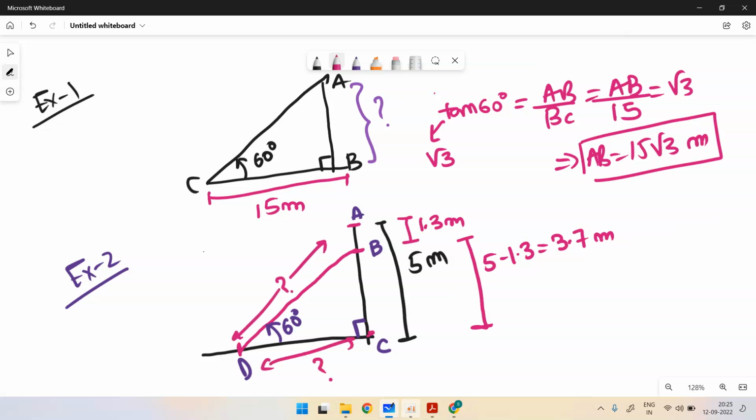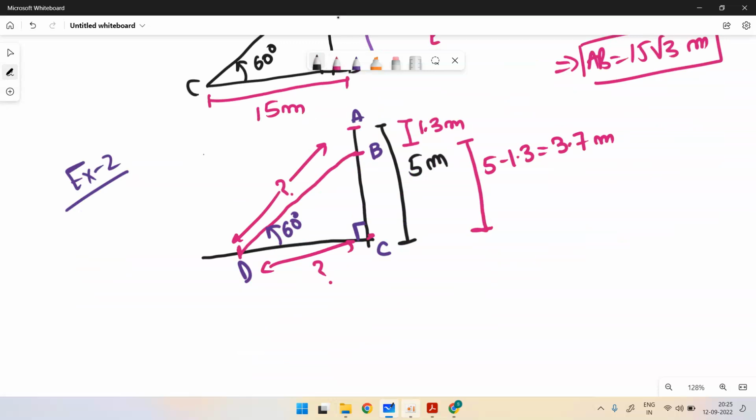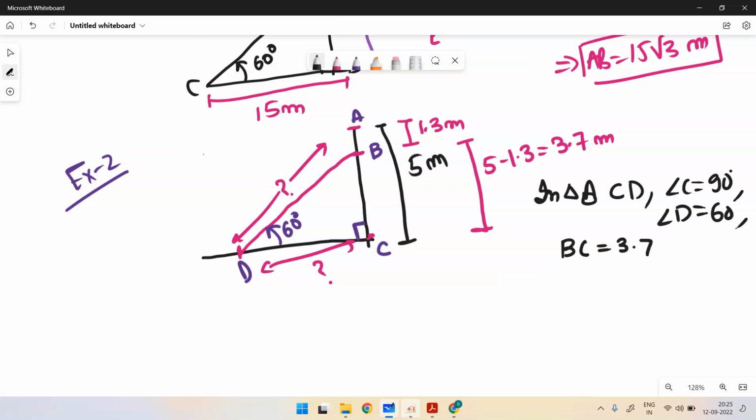How will you do this? Here 5 meters is just the given pole height. Now you need to see in triangle BCD, angle C is 90 degrees, angle D is 60 degrees, and BC, which we have calculated, is 3.7 meters.